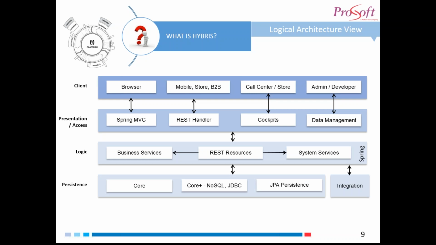Now, as some of the new versions come, you will see other persistence engines being plugged into the Hybris framework. One part is that any applications already using the older persistence engine, which is called core, versus anything which is core plus persistence engines.